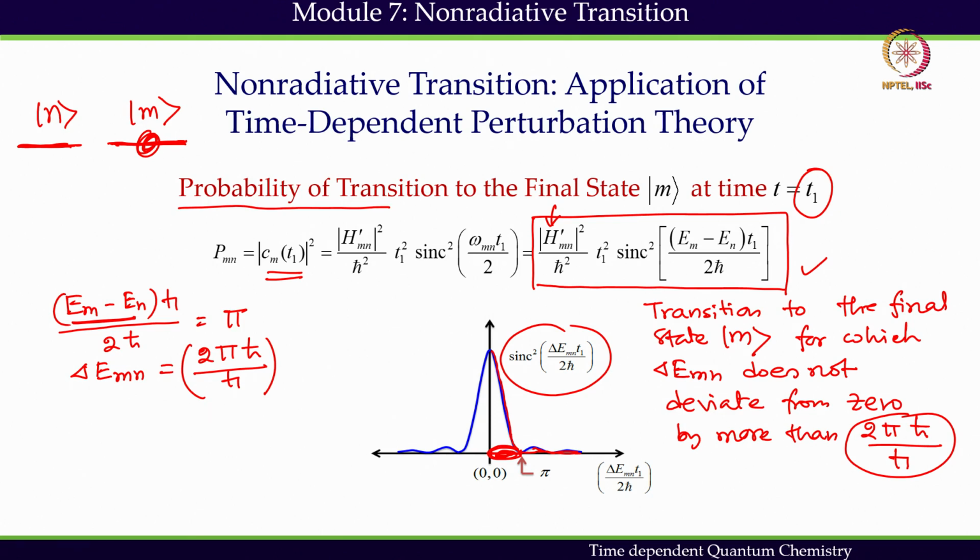If it is deviating more than this value, then this cardinal sine function becomes 0, and that is why the population becomes 0.